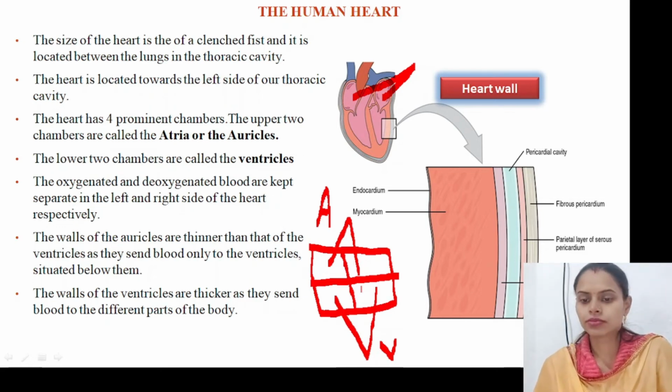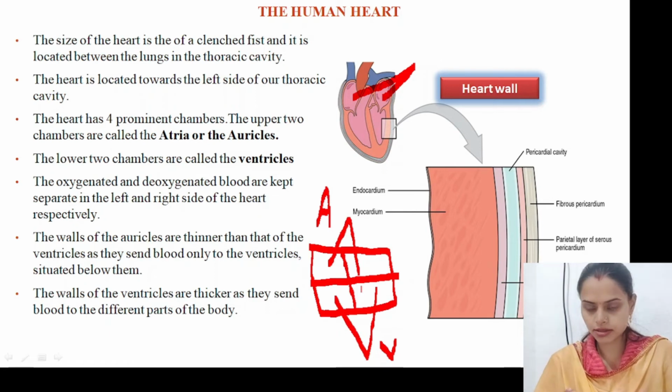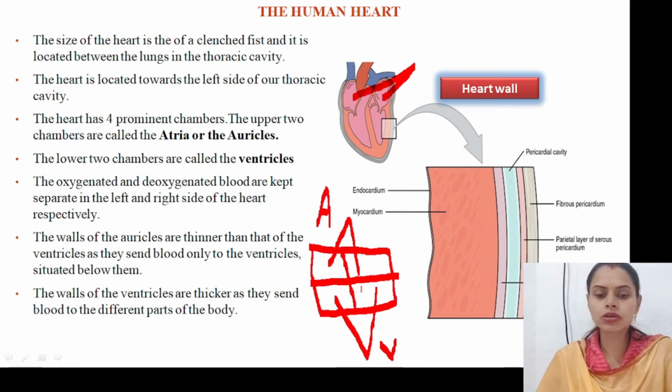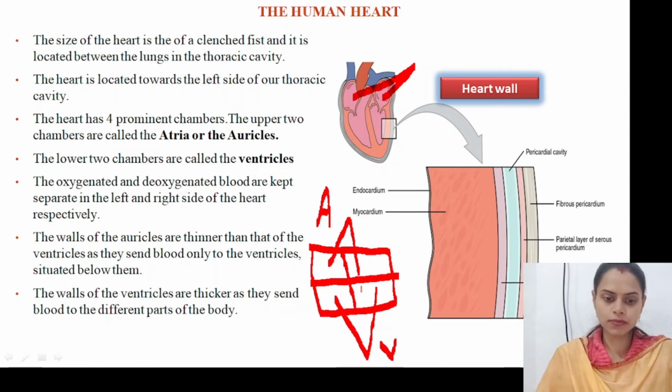The auricles are thinner compared to the ventricles because they pump the blood into the ventricles, which are present just below them.